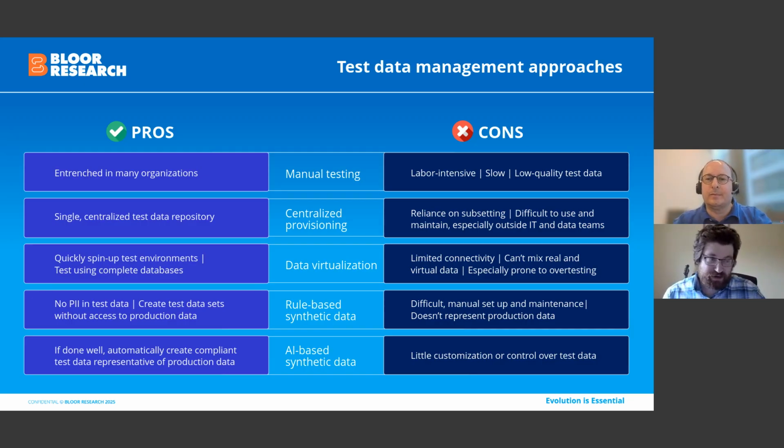And this is generally fine. You're going to have to use subsetting for this, because it's simply too computationally expensive to move entire production databases around for people to test. It becomes too unwieldy very, very quickly.